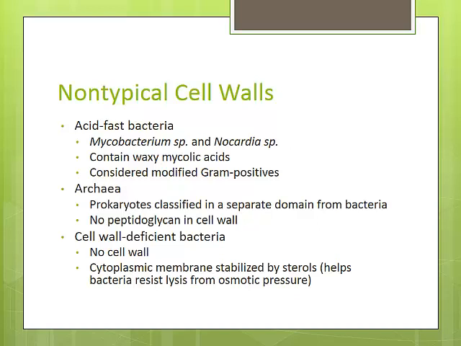And those include the bacterial genera Mycobacteria and Nocardia. And these acid-fast bacteria contain what are known as mycolic acids. They're very waxy, and so they're very resistant to dyes and other things. And so these acid-fast bacteria are considered modified gram-positives, but they're technically their own kind of cell wall.